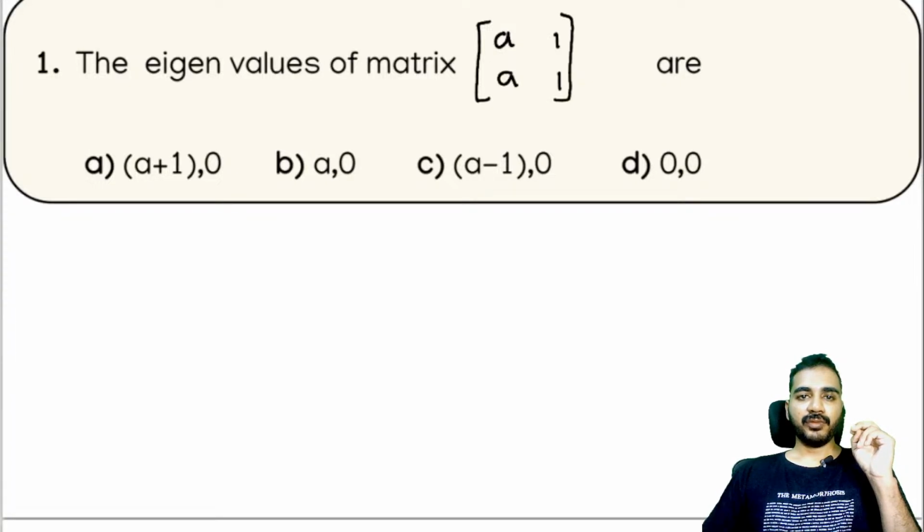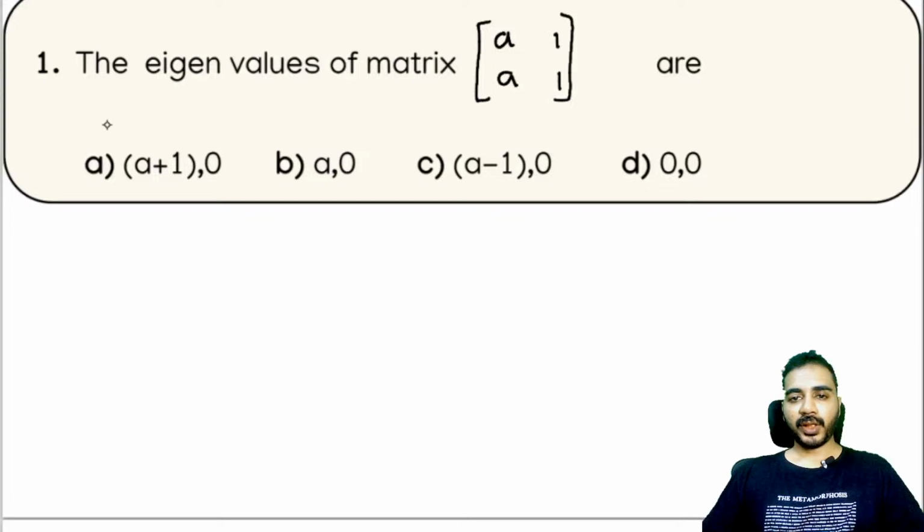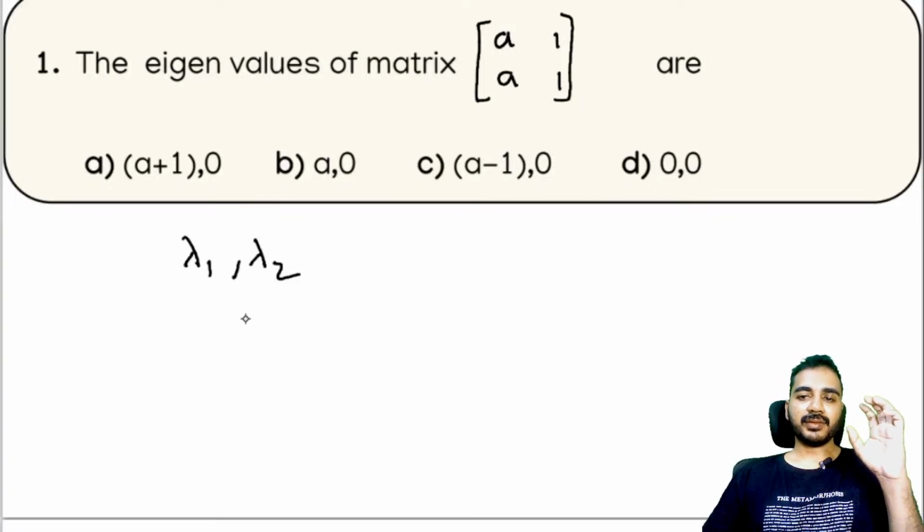So for this, we will be using some properties of the eigenvalues of a matrix. So here, let me assume lambda 1, lambda 2 be the eigenvalues of this matrix since it is a 2 by 2 matrix. So these are the assumed eigenvalues.